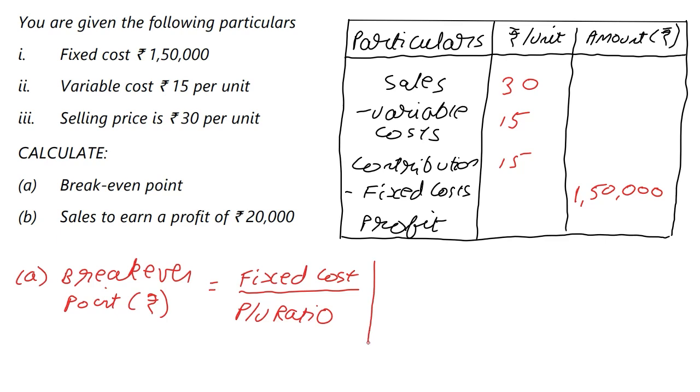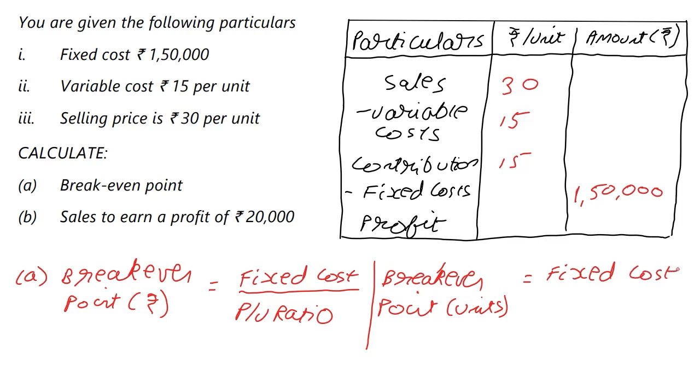Similarly, break even point in terms of units is equal to fixed cost divided by contribution per unit.